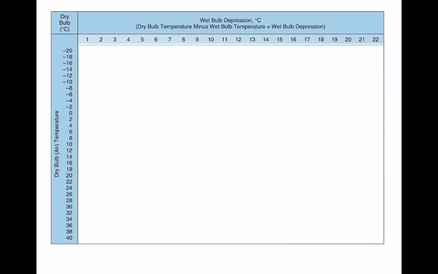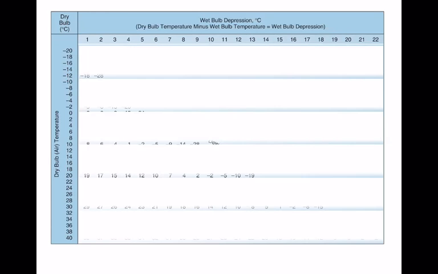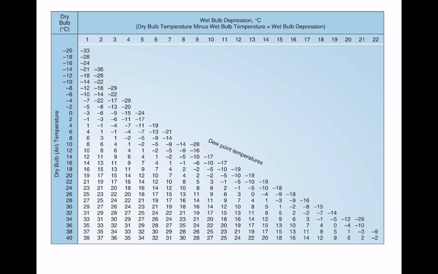So the difference is 4, the depression. And then what you do is you see where they intersect, and this table tells us the dew point temperature. So let's see. We said 22 was our dry bulb, and 4 was our depression. So I'm getting 16 degrees Celsius. So if we were to cool this room down 6 more degrees, we'd get all slimy.